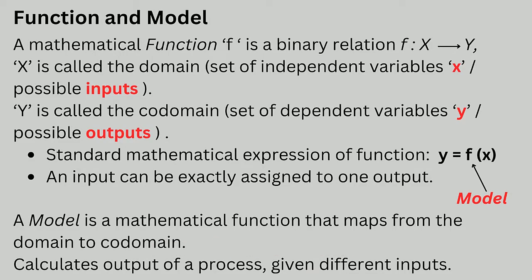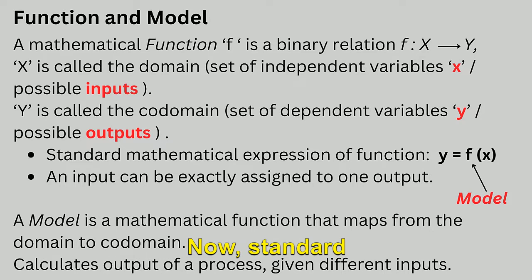Now, before going to talk about deep learning models, let's quickly brush up the basics of function and model and how they are related. We find that a mathematical function f is a binary relation. It is a mapping between the two sets capital X and capital Y, where X is called the domain, or the set of independent variables or the possible inputs, and Y is called the codomain, the set of dependent variables or the possible outputs.